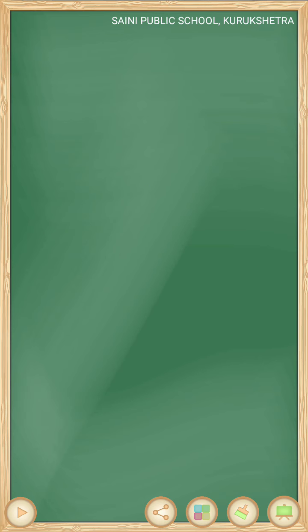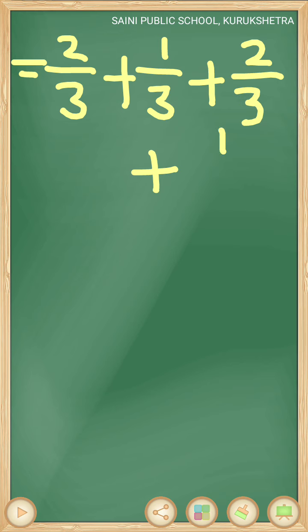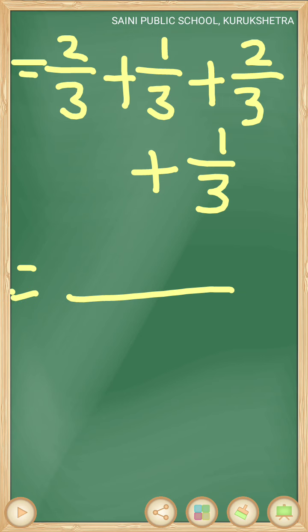Okay. Now I am taking 4 fractions: 2 by 3 plus 1 by 3 plus 2 by 3 plus 1 by 3. Now try yourself. What will be the answer? Again we will get two numbers, one in the numerator and one in the denominator.